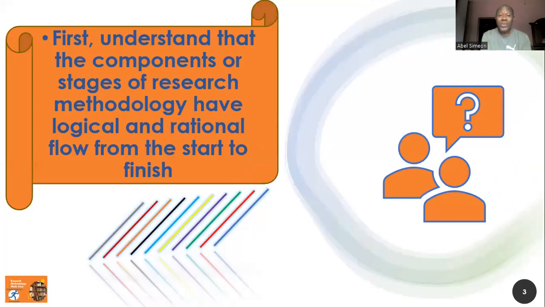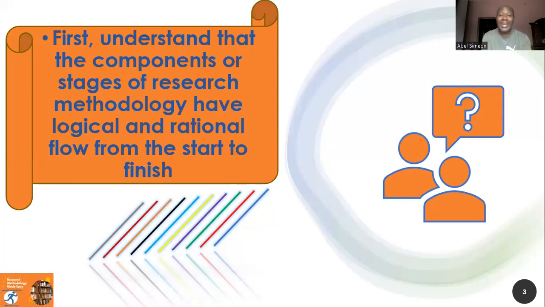For you to understand research methodology, the components, their theory, you need to know the stages are formed on logic and rationale. It is based on logicality and rationality from the start to the finish. Nothing in research methodology is formed just for the fun of it.